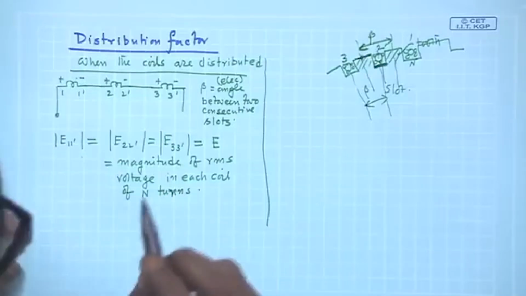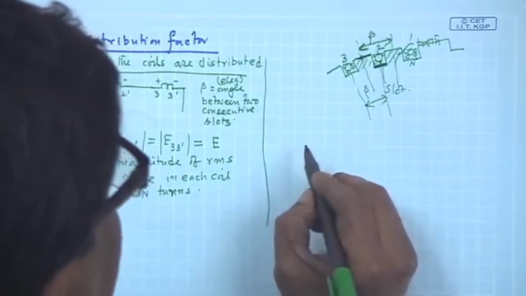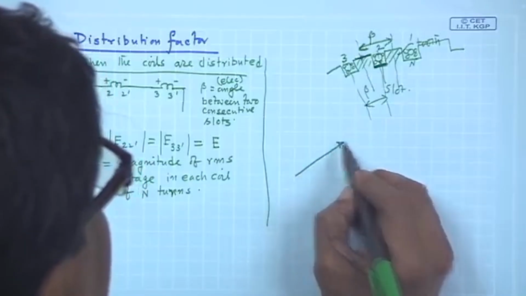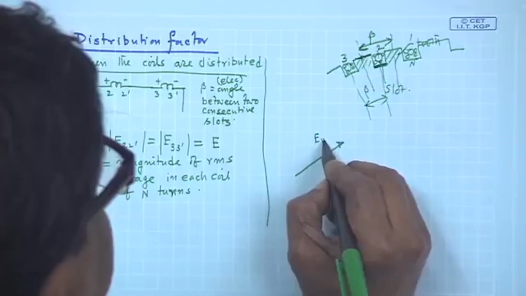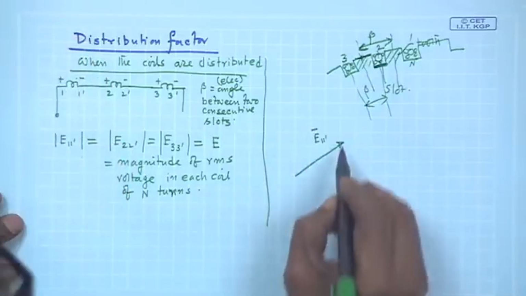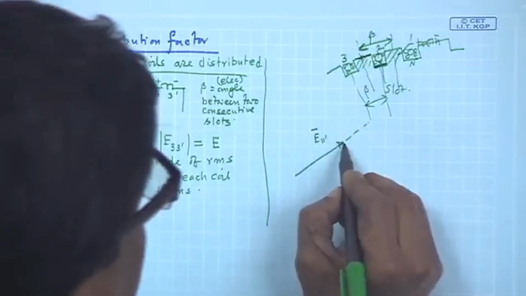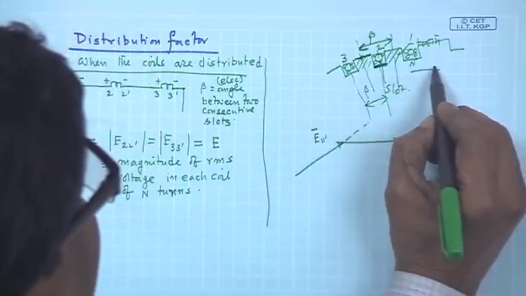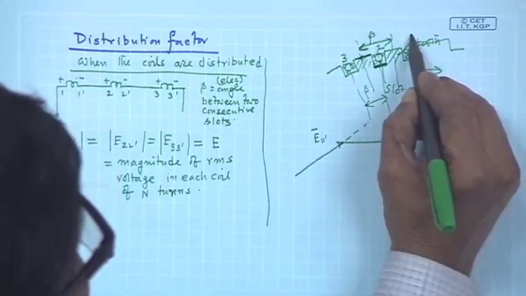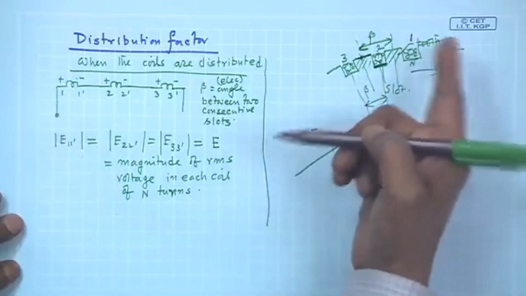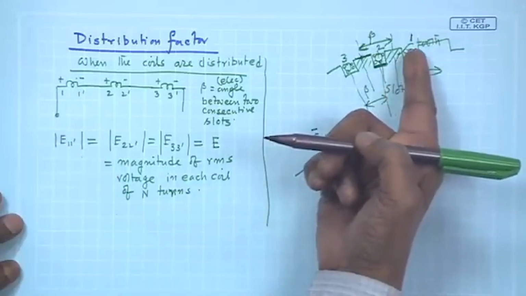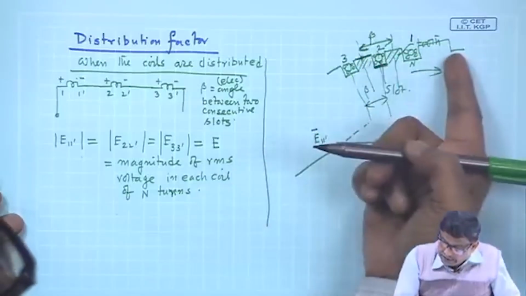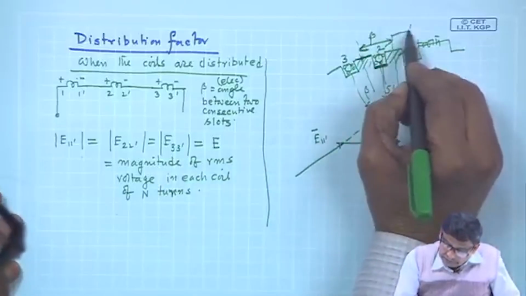When the coils are distributed, I have already seen that if you say that this is E 1 dashed, this phasor, E 2 dashed will be lagging this, assuming the direction of rotation this way. Whatever field distribution 1 sees, 2 sees that same field distribution after a movement of beta angle. This is also beta.